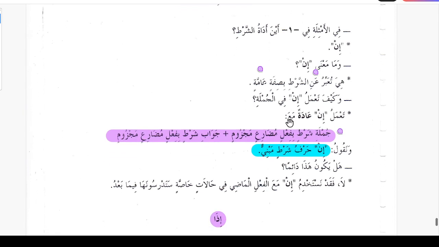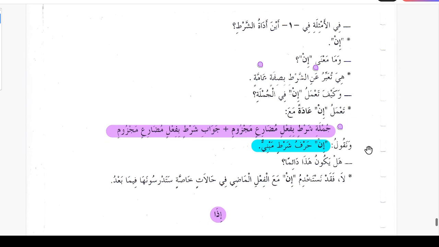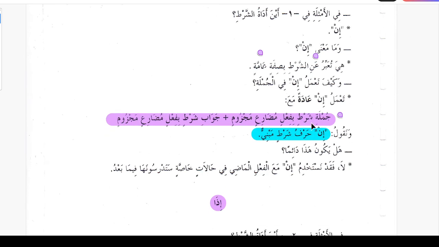Normally in works with the jumla shartiya, the conditional part, with a fail mudare that is majzum, and the answer, or the result of the condition, with a fail mudare that is also majzum.